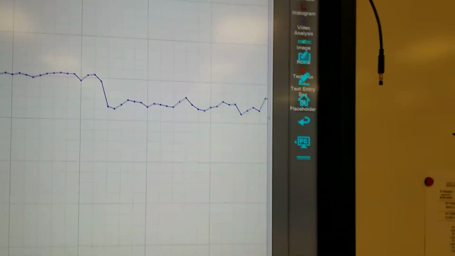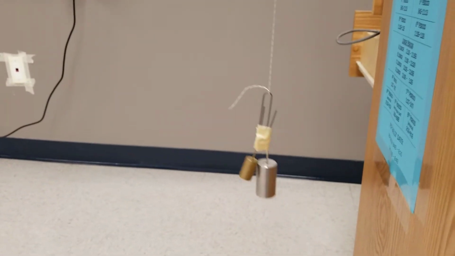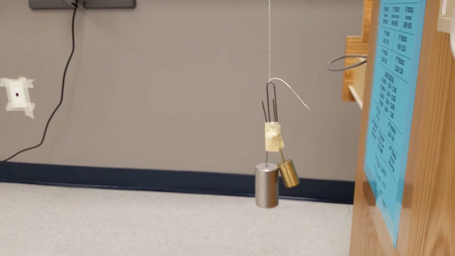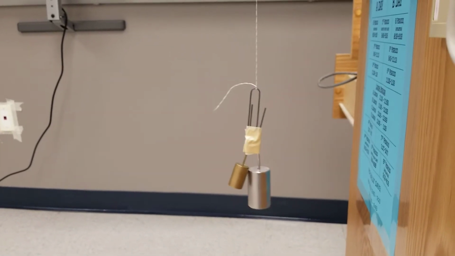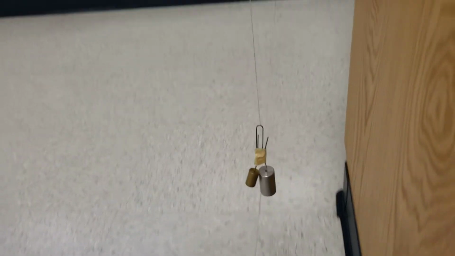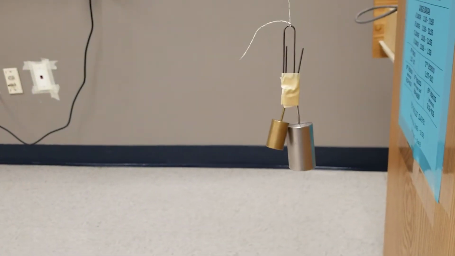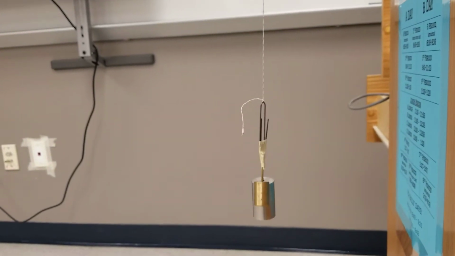In order to understand why that is, we shouldn't focus on this thing, but instead we should focus on that thing. So let me back this up real quick and let's focus on this thing. Right now, the forces on that thing are in equilibrium, meaning that the tension in the string has to be equal to the weight going down. When I let it go and it accelerates downwards, now the forces on it are unbalanced. If it's going to accelerate downward, that means the gravitational force is going to get larger than the tension force.